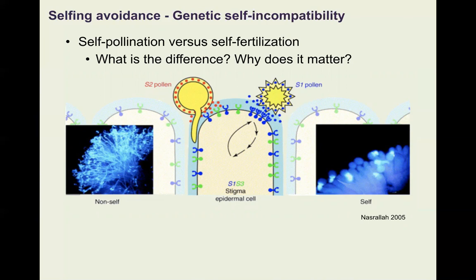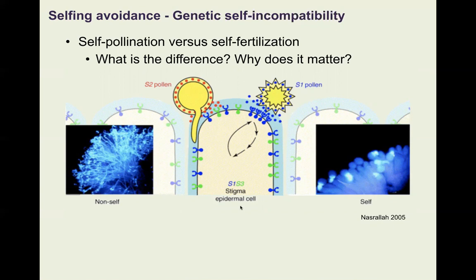And this is a process where the stigma, so the female surface that receives pollen, has a way to detect a genetic signature produced by the pollen grains. So we have here basically a schematic of two different pollen grains that are landing. They might be pollen grains from the same species, so in theory, they're compatible with the female structure. But there's a system in place where the stigma can detect if they are too genetically similar.